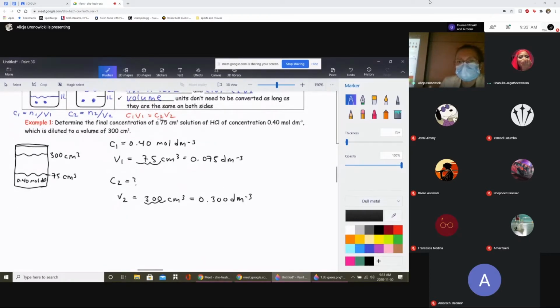So let's plug that into the formula. So I have 0.40 mole dm^-3 times 0.075 equals C2 times 0.300 dm^3. Okay, so let's divide.